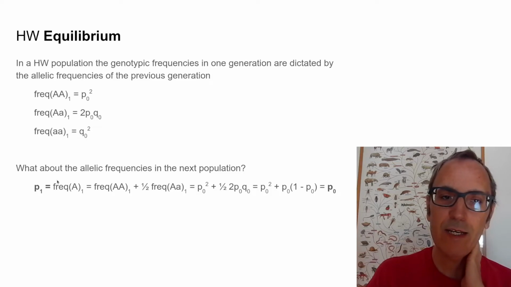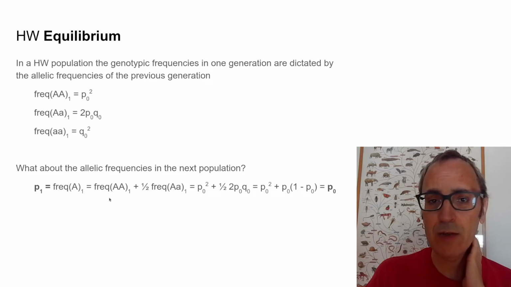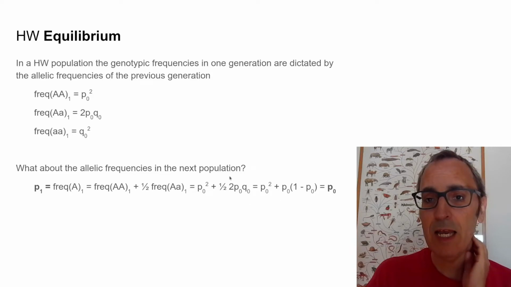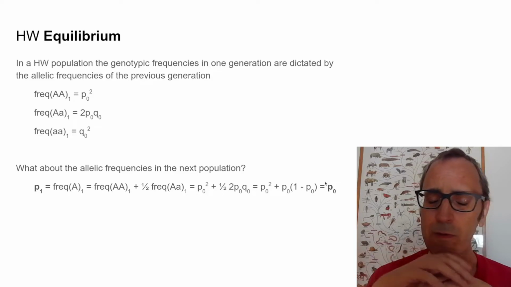We can calculate the allelic frequency in the next population from the genotypic frequencies in the previous population, and you can see that the allelic frequencies in the next generation will be exactly the same as the allelic frequencies in the previous generation.